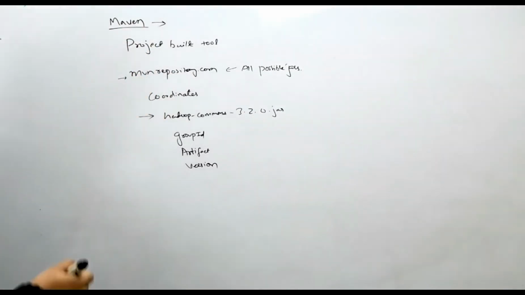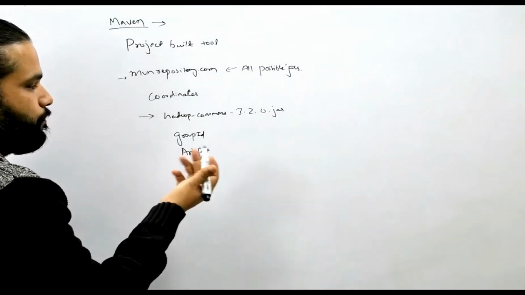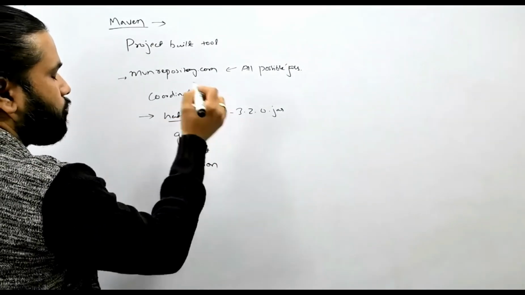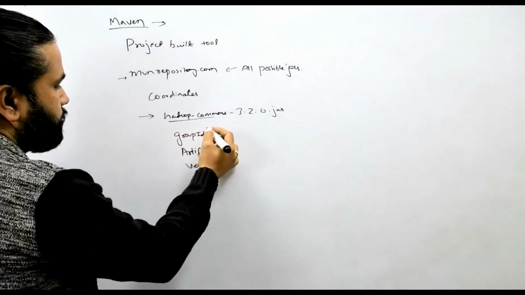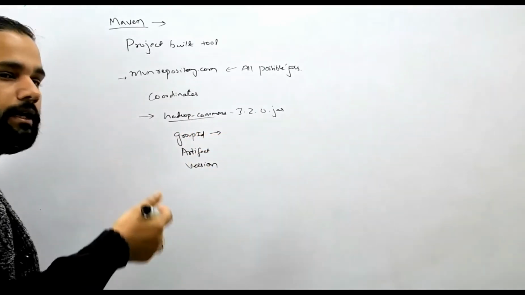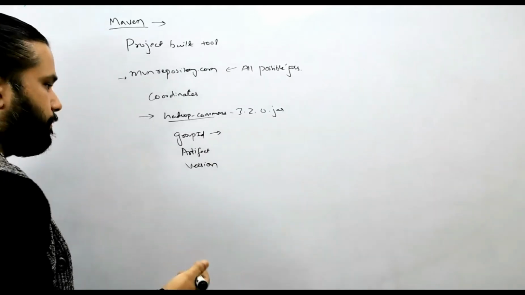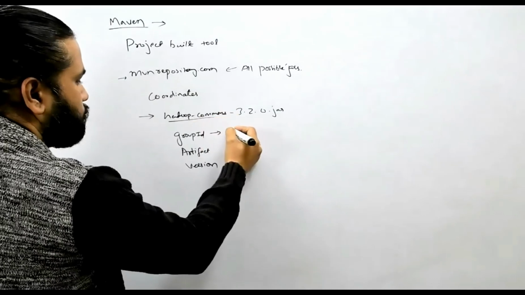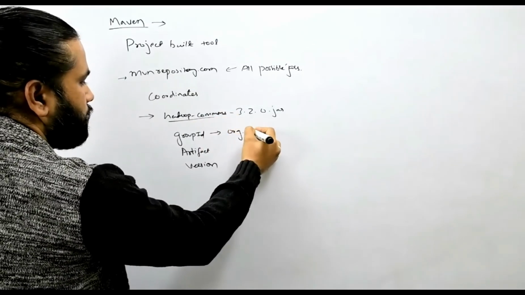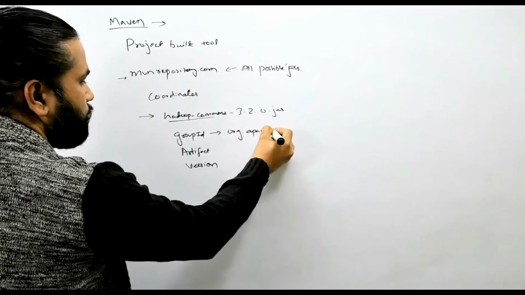So in the case of Apache Hadoop, let's say Apache Commons, the group ID would basically be the company name, the organization name, the department name which has built this jar. So it could be org.apache.hadoop.